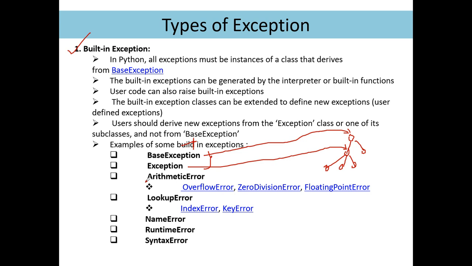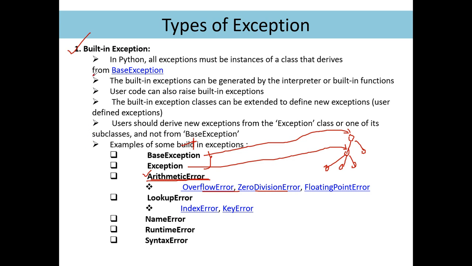Arithmetic error is a special type of exception class. And overflow error and zero division error are all a kind of arithmetic error exception, meaning these are child classes of this class.